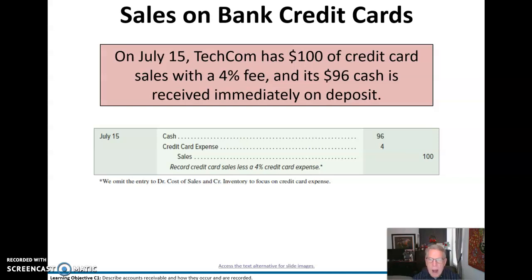So how we would record that is we would debit our cash for $96. We have an expense, credit card expense, for $4 here, and we credit the entire sale of $100 as shown here.